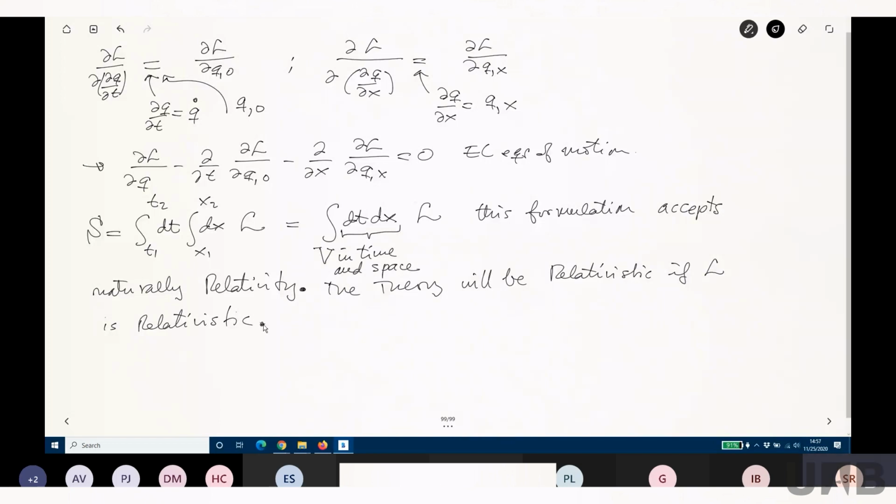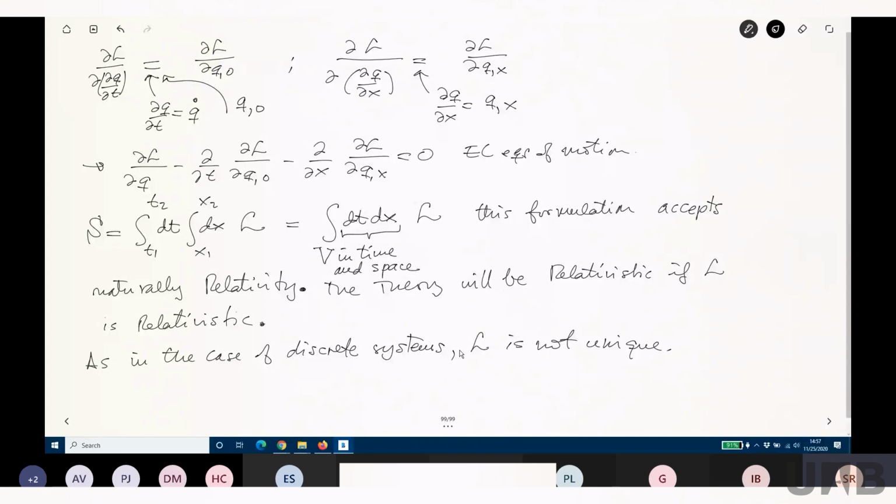Among other things, because relativity is a symmetry of nature, right? So nature is relativistic. Well, that's one thing. Then another thing is that, as in the case of discrete systems, L is not unique, right? In the case of discrete systems, it was the true Lagrangian, not the Lagrangian density.